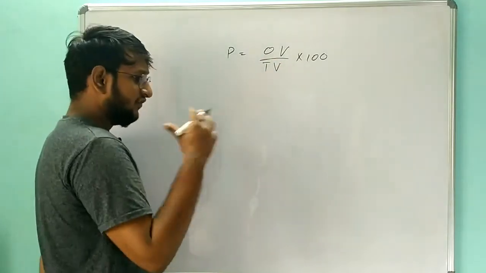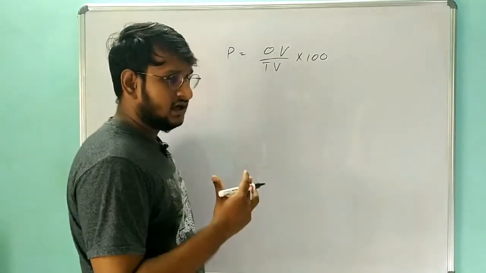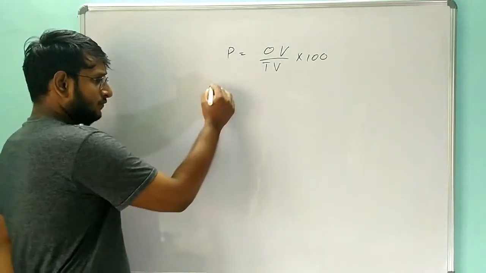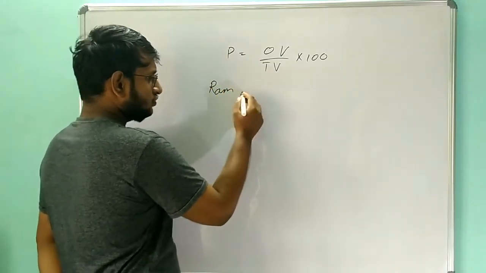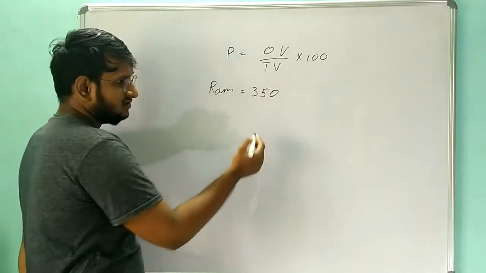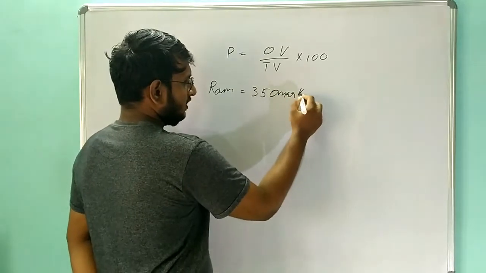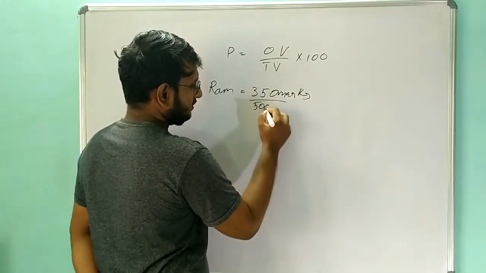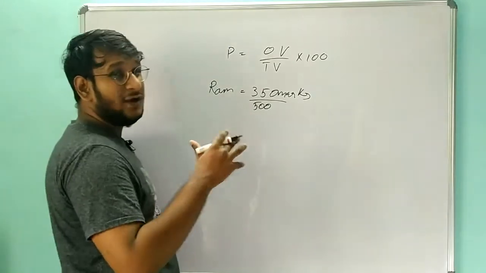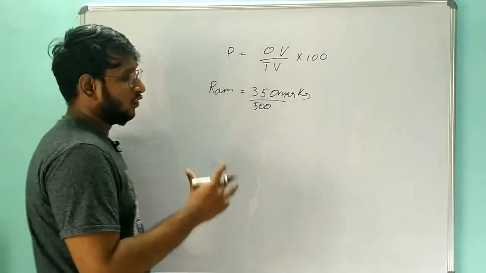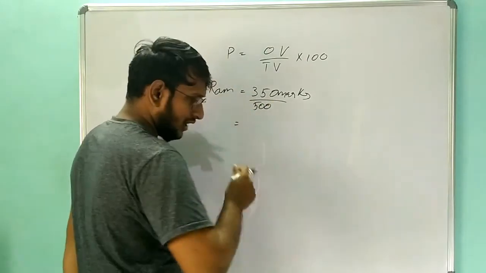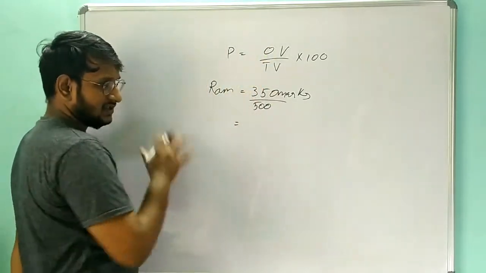For example, take a student named Ram, and he scores 350 marks in his annual exam out of 500. Now we are going to find the percentage of his score. In order to find that, we apply the values in this formula.